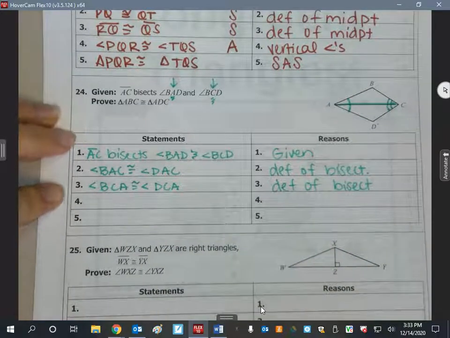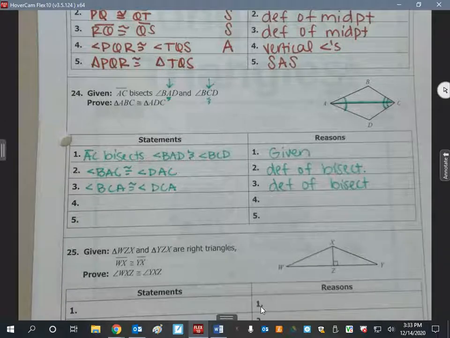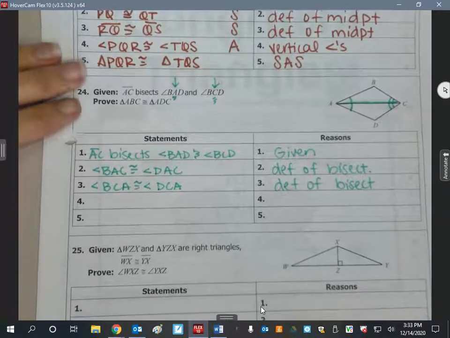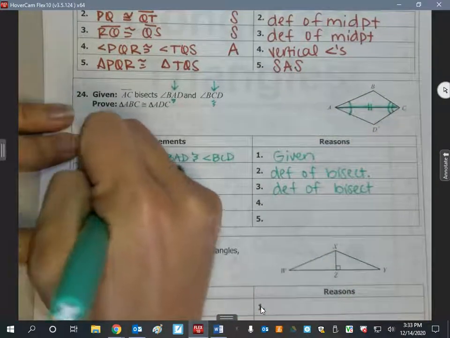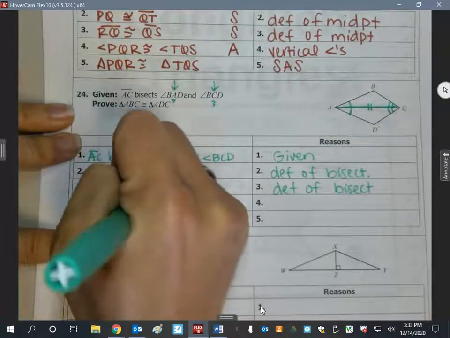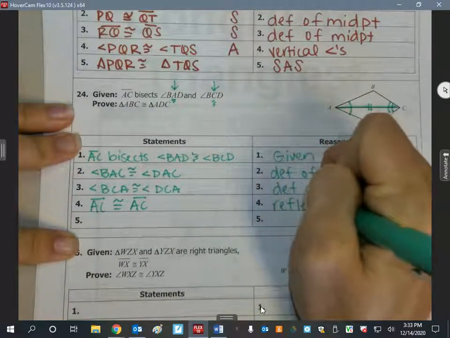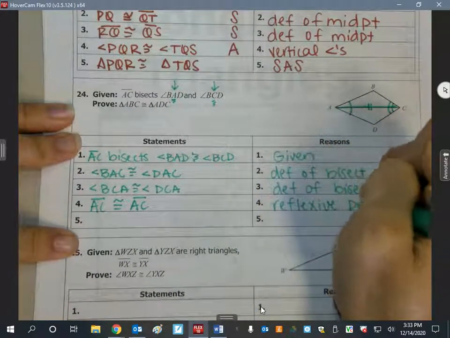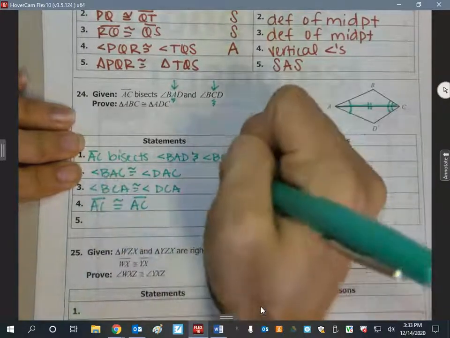So now we need to look at the picture and see if we have vertical angles or a shared side. In this case, we have a shared side, and that is AC, and AC is congruent to itself by the reflexive property. Now I look at my picture and I have angle BAC and angle DAC.